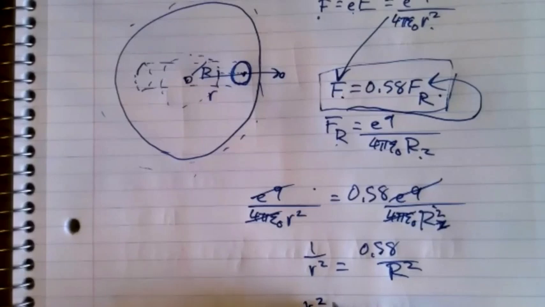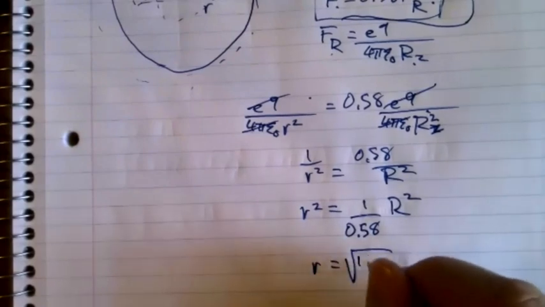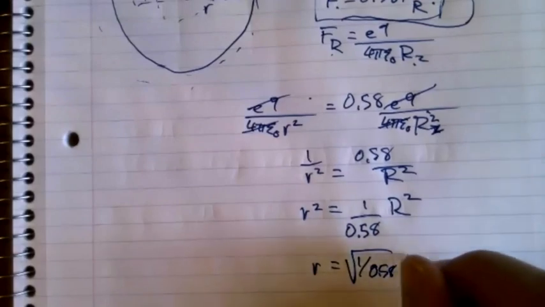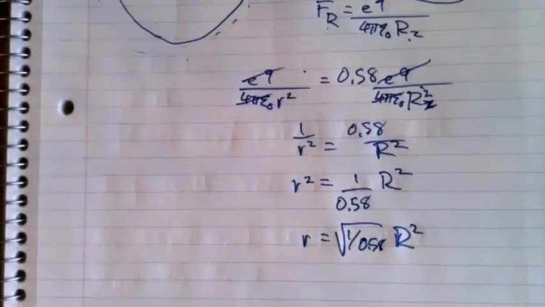So it'll be R squared is equal to R squared times 1 divided by 0.58. So I'll take the square root of both sides. So R equals the square root of 1 over 0.58. Okay. All right. So that is the answer for that one.